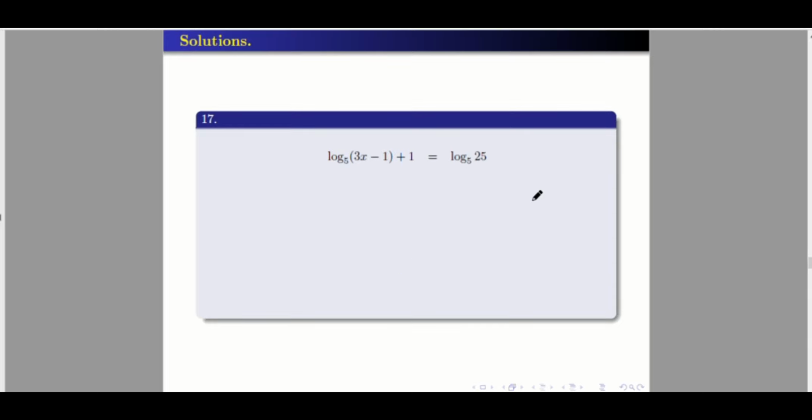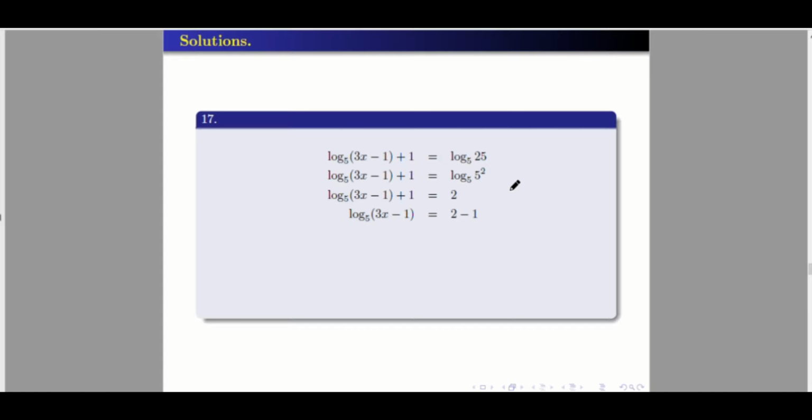Number 17, we have this. Take note that 25 is equal to 5 squared. So we have this by the property of logarithm. So this is equal to 2.